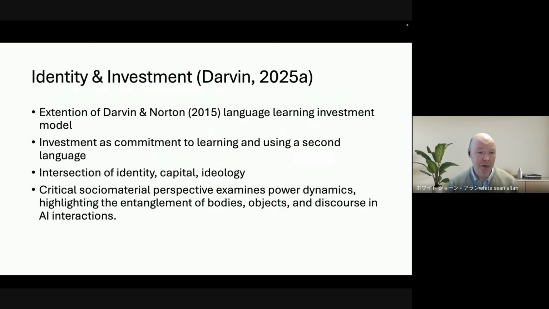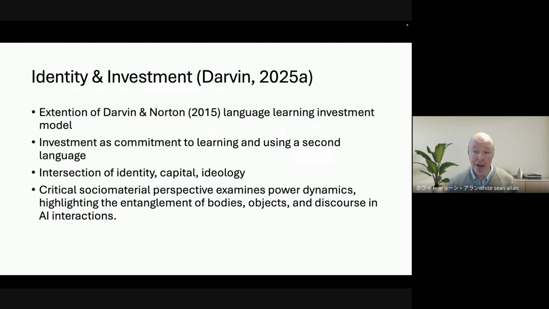For our interest here, it is the intersection of identity, capital, or resources that we have, our sense of identity, and multiple identities, but also capital, resources, and ideology. Particularly within a socio-material perspective, a critical one, it examines power dynamics that highlight the entanglement of bodies, objects, and discourse in AI interactions.